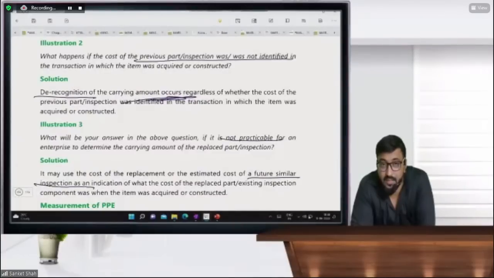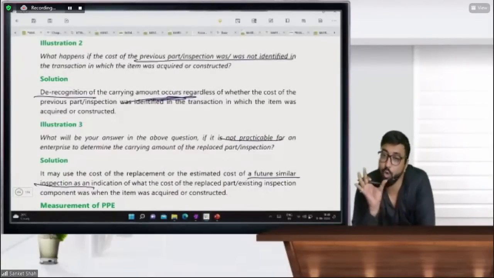Derecognition means do not record it, in simple language, means remove that cost, regardless of whether the cost of the previous part was identified in the transaction in which the item was acquired or constructed. Means whether you recorded it separately or not, you have to derecognize that part.